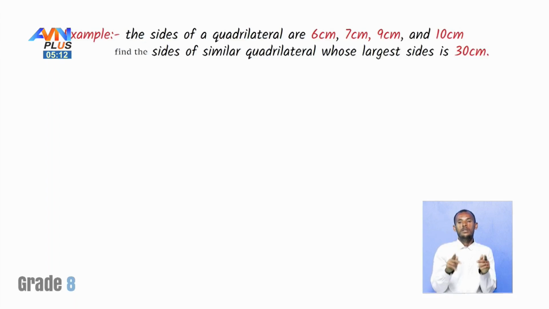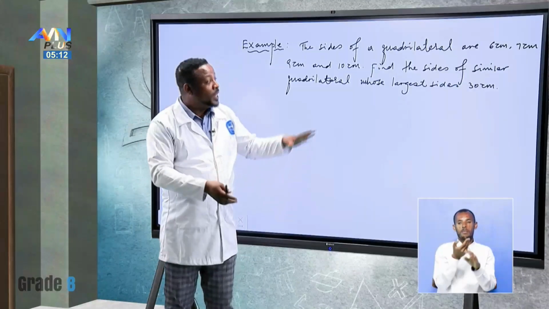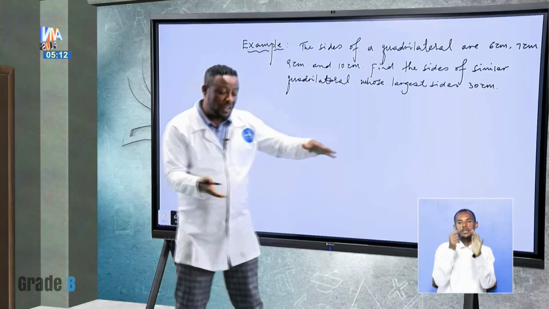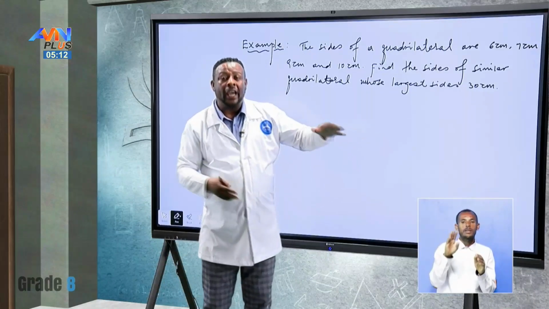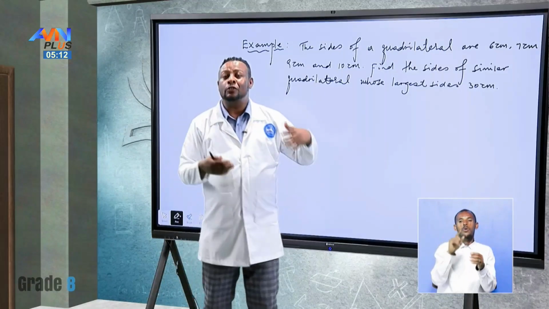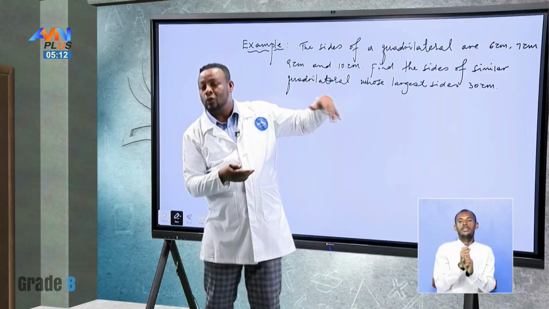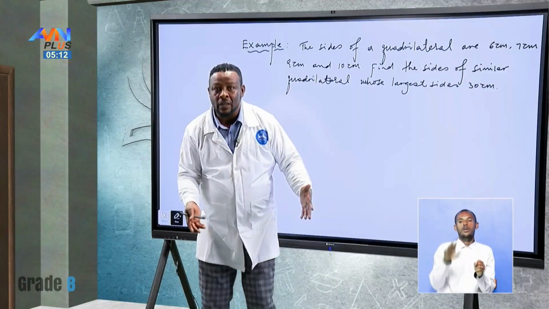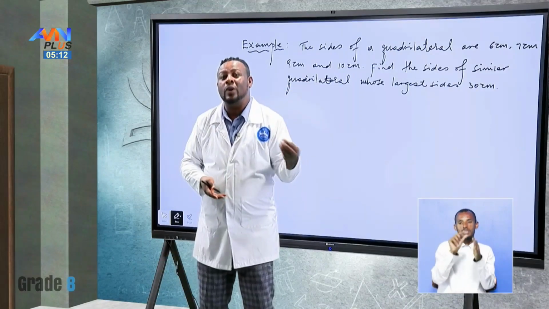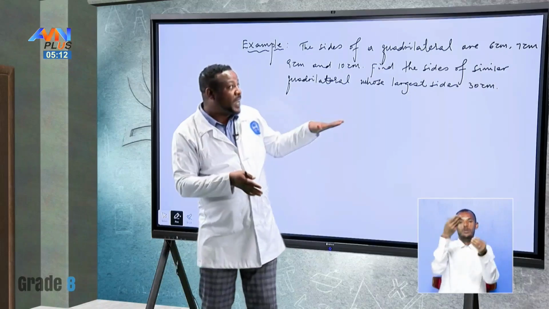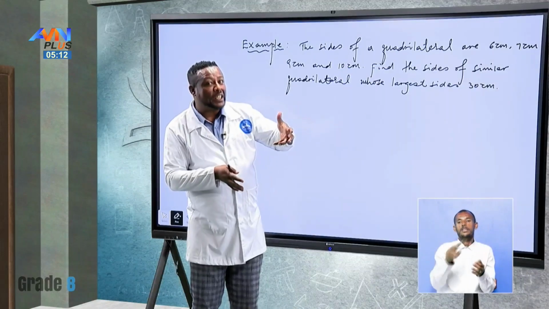Just to remind you what we did in the previous example. In the previous example, a certain quadrilateral was given and you were asked to find the sides of an unknown quadrilateral whose smallest side was given, okay? In this case, the question is a little bit changed.